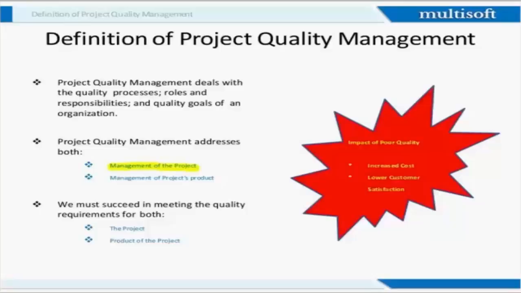So two qualities are very important: project quality and product quality. We must succeed in meeting the quality requirements of both. Both have to be understood.